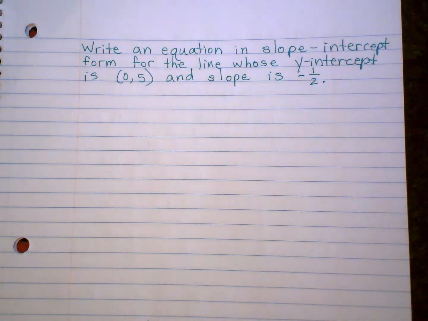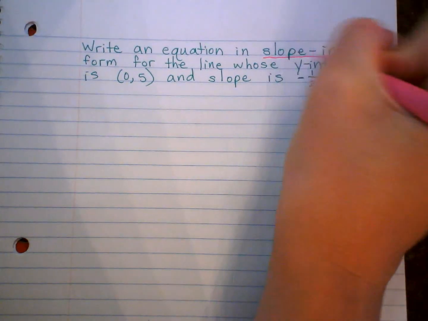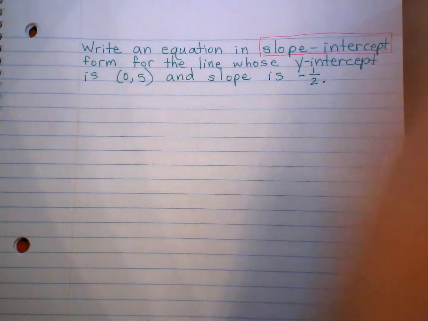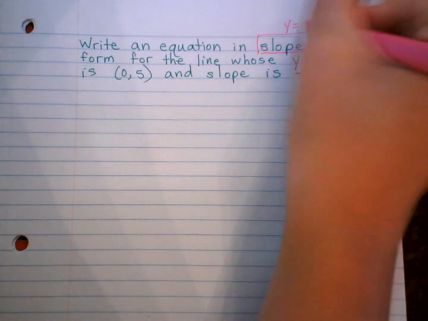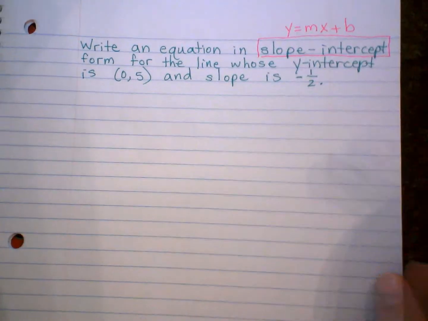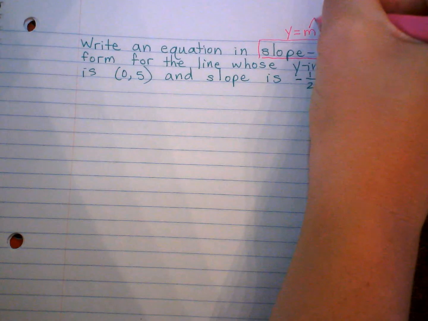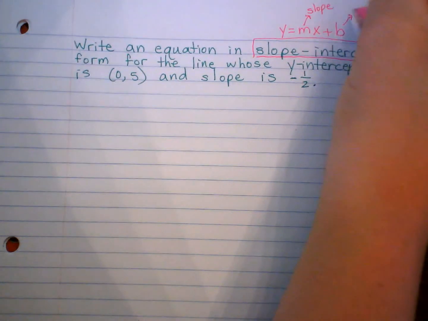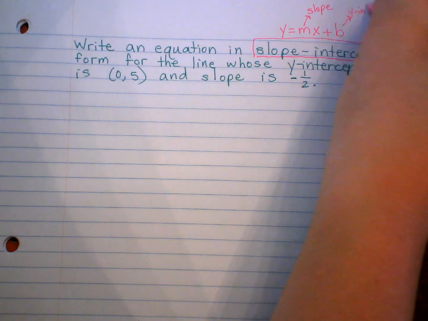Okay, so slope-intercept form. So we're writing an equation. So linear equation is going to be a line. Slope-intercept form is y equals mx plus b. And we know m is our slope, b is our y-intercept.